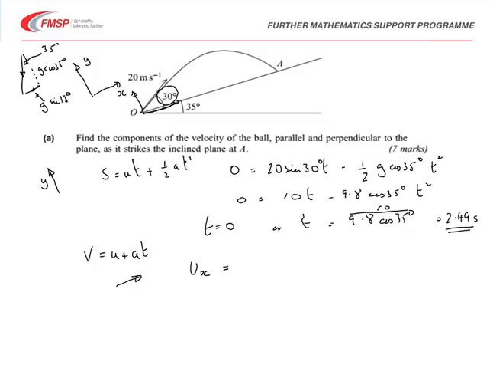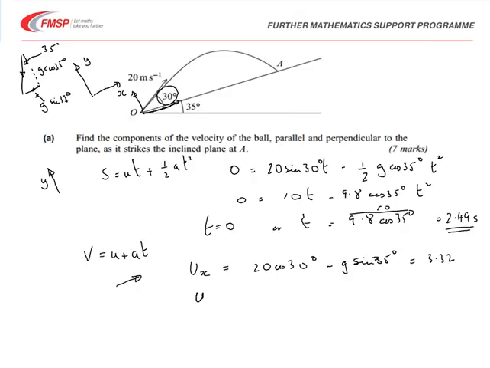That will be equal to the initial u, which is 20 cosine 30 degrees, and then minus the acceleration in that direction, g sine 35 degrees times t, and if we calculate that, it's equal to 3.32.